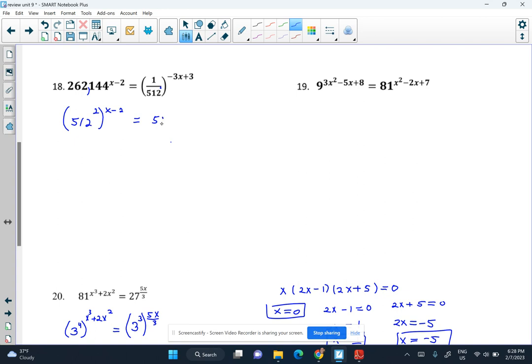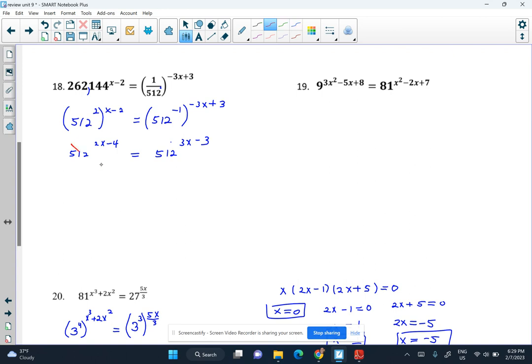So all I need to do is negate my exponent. I'm going to raise it now to negative 3x plus 3. I distribute the 2, and I get 512 to the 2x minus 4 is equal to 512 to the 3x minus 3. Carefully distribute that negative.